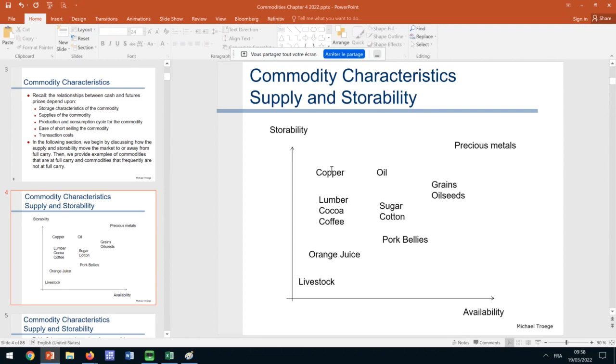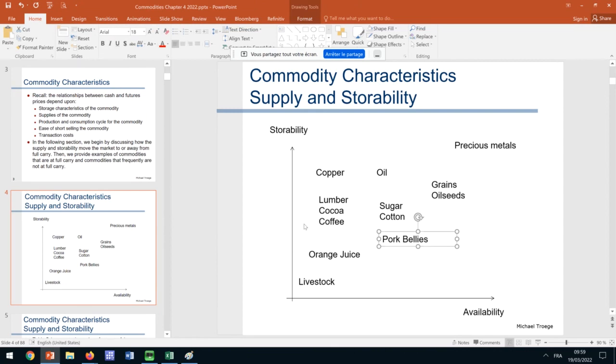Some are easy to store, copper, lumber, oil, but not always available, because these are industrial metals and sometimes there's a scarcity, where you need more for production than what you have at the moment. And then you have other commodities, such as pork bellies, which are widely available. There's always frozen pork bellies, but the storability is limited, because even if it's frozen, after a couple of years you don't want to eat them anymore.